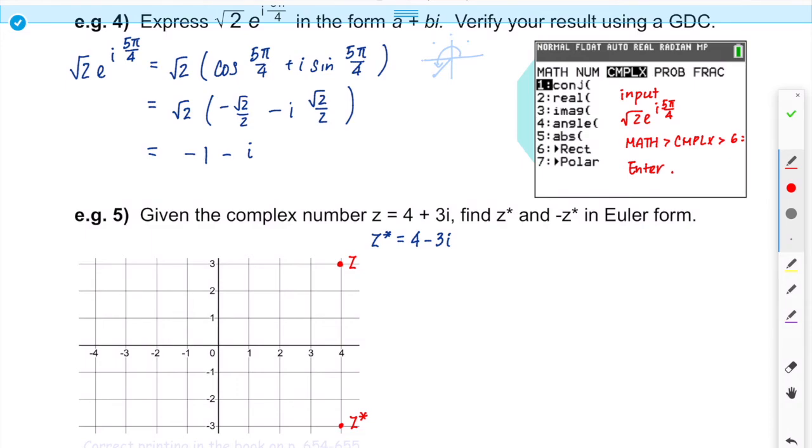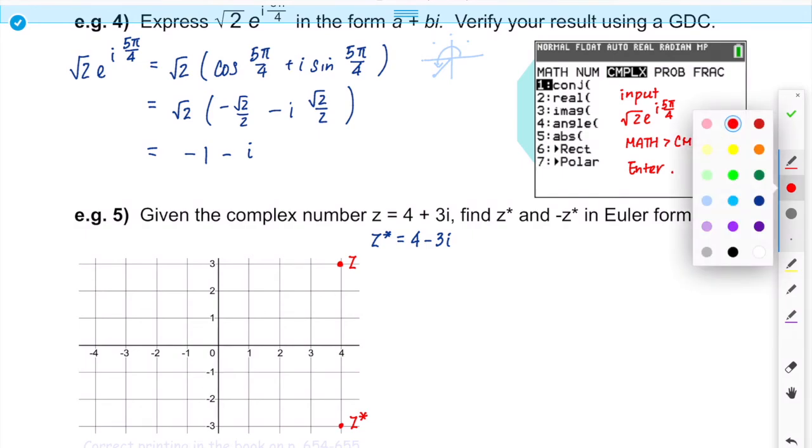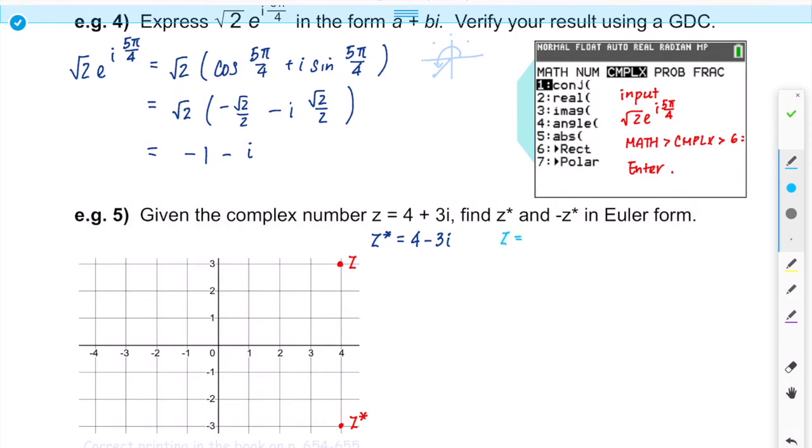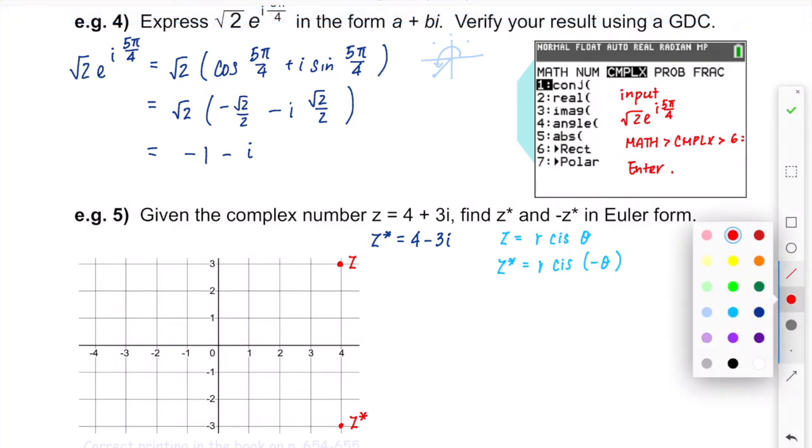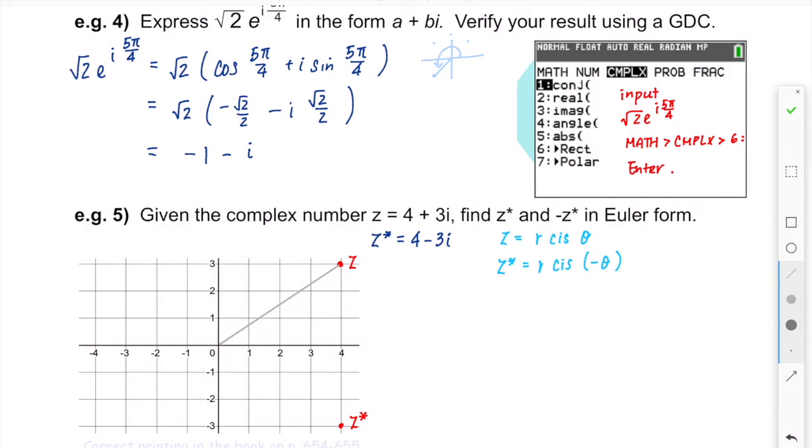And then if I want this in Euler's form, we can say that for z equal to r cis theta, from the diagram, it's quite obvious that z star now looks like r cis 2 pi minus theta, or simply negative theta. Okay, so let's represent it on the diagram.